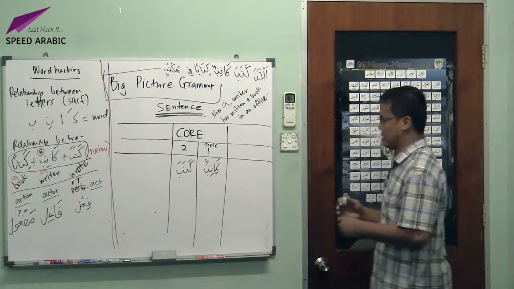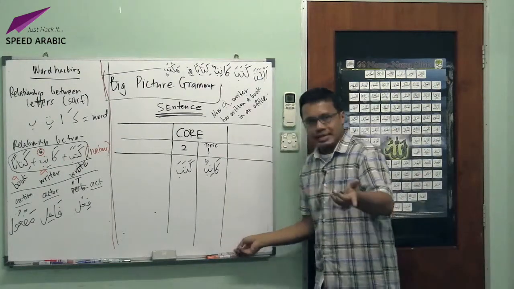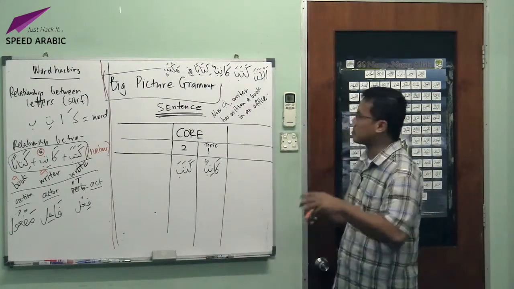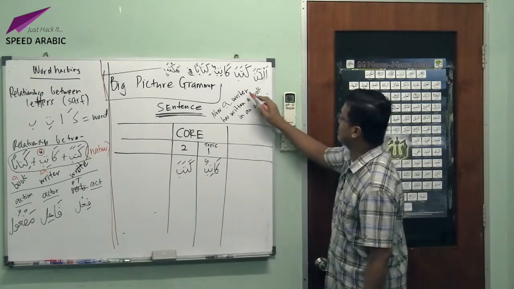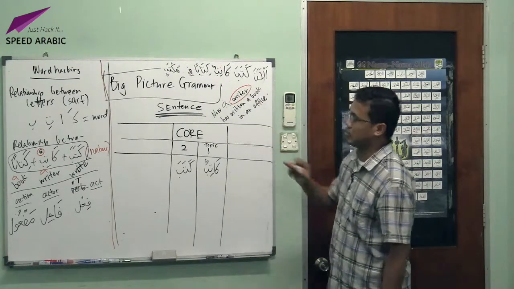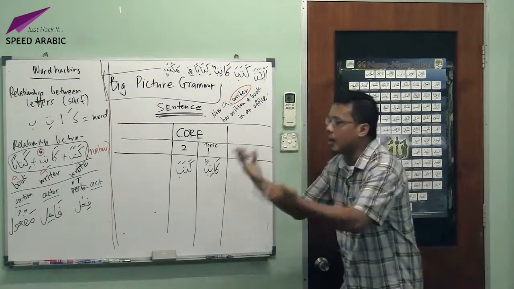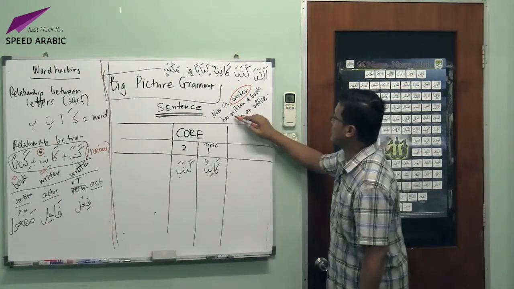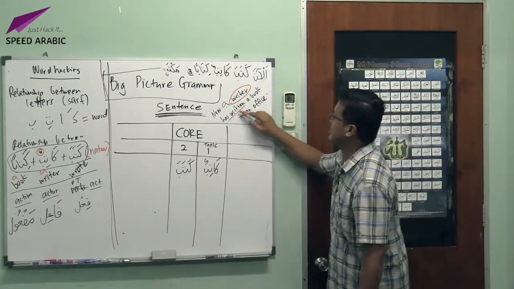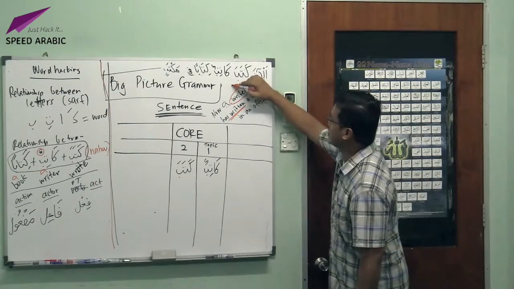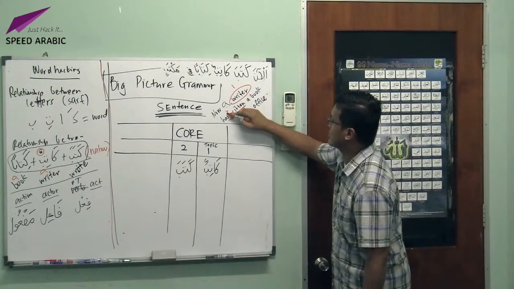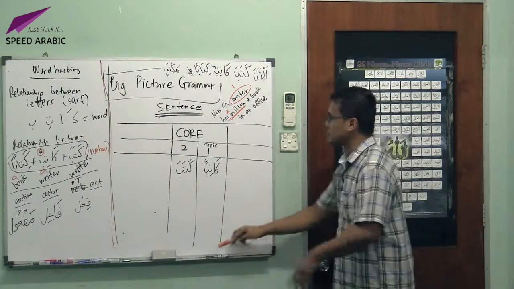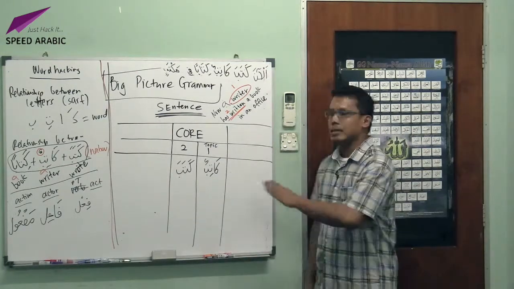office. Okay, so you identified the core, the topic of the sentence as the writer. It wants to talk about the writer. So what about the writer? The writer has written something. See that? This is number 1 and this is number 2. That's it.